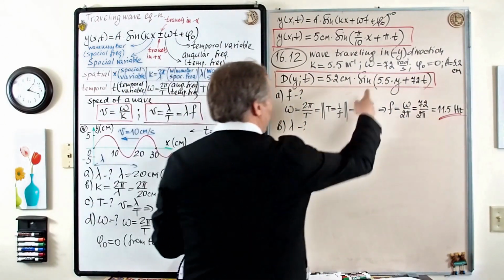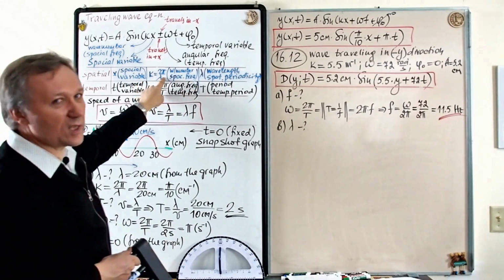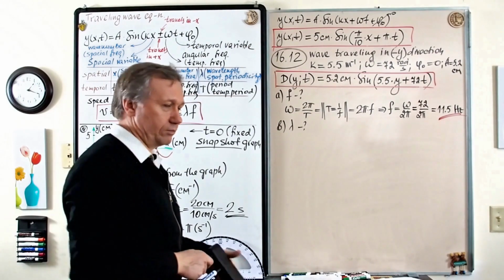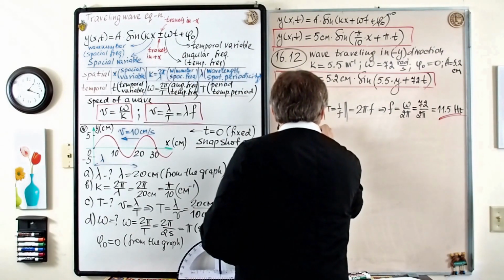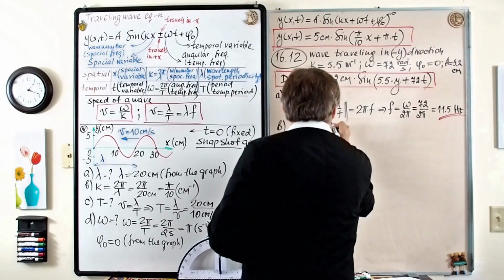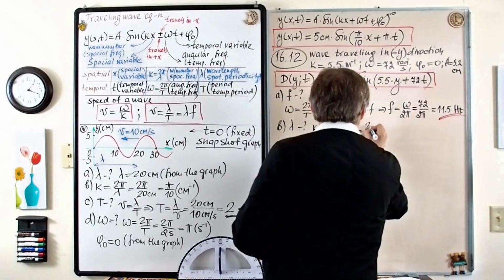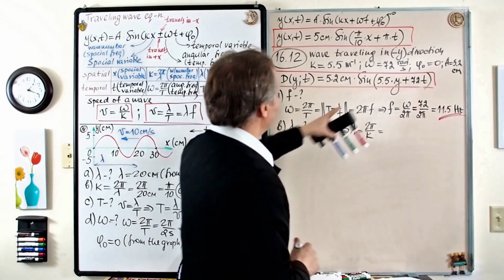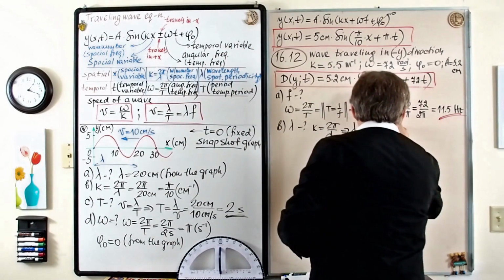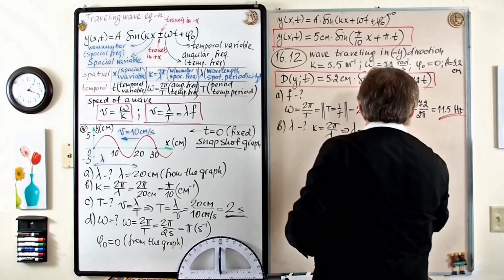K is defined as 2 pi over lambda. So once you know K, finding lambda is a piece of cake. Lambda equals 2 pi over K, and K is 5.5, so 2 pi divided by 5.5.